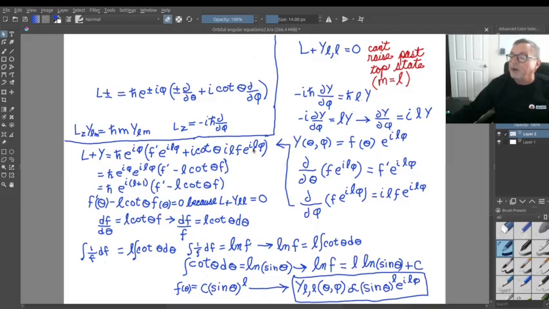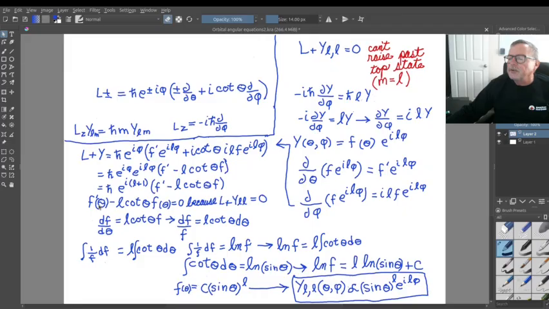Now simplifying, I can factor out an e to the iL phi out of both of these. So that comes out front, leaves me with f prime minus L cotangent theta times the f function. I can use the exponent rule to combine them into this form, e to the i(L plus 1) phi, and no change there.